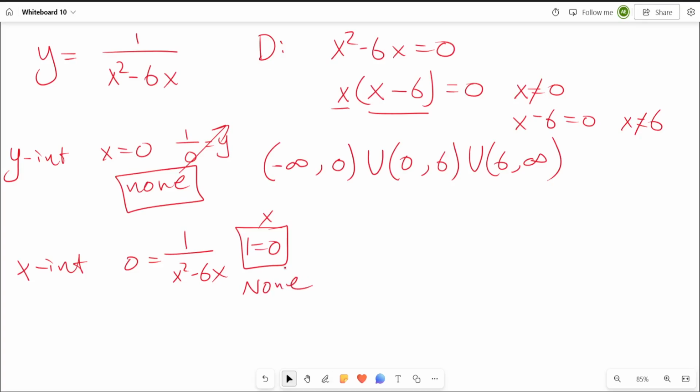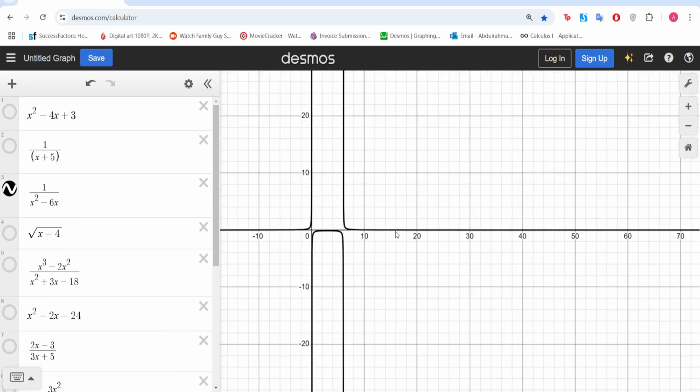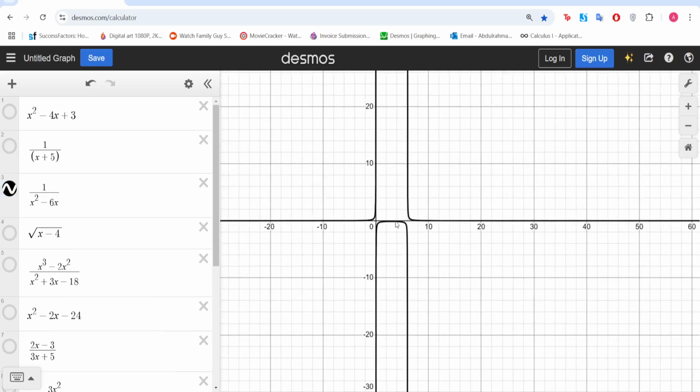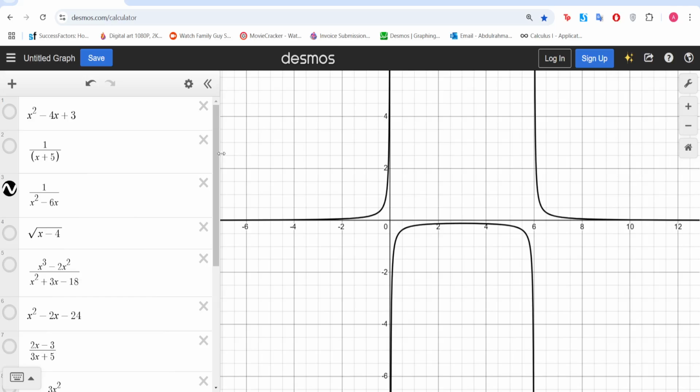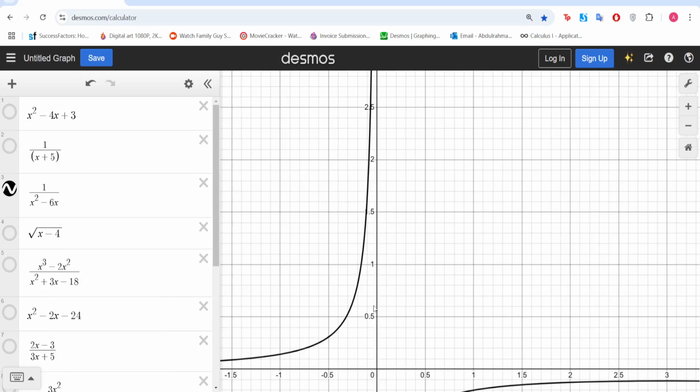So let's check our answer. So we said that our domain is everything except 0 and 6. So let's check that. If we plot the function, we will see that our domain is literally everything from negative infinity up to 0. So this x over here, 0, it's going to keep approaching 0. However, it will not touch it ever.